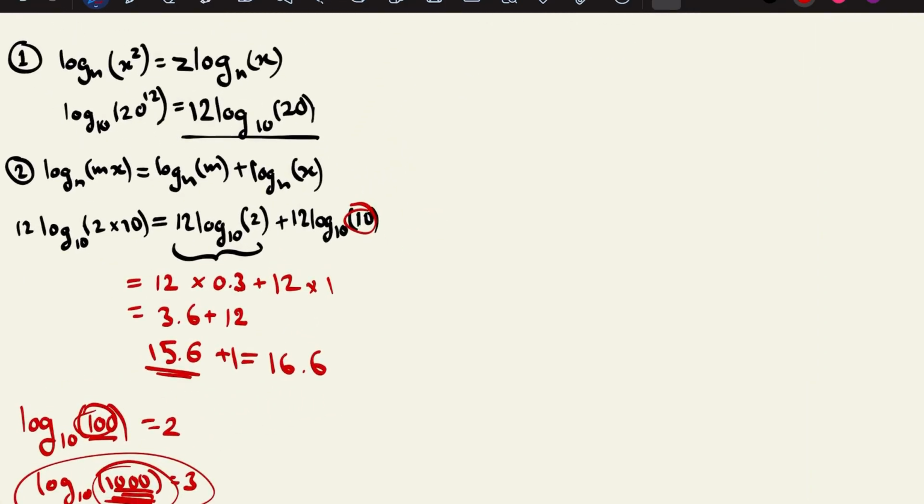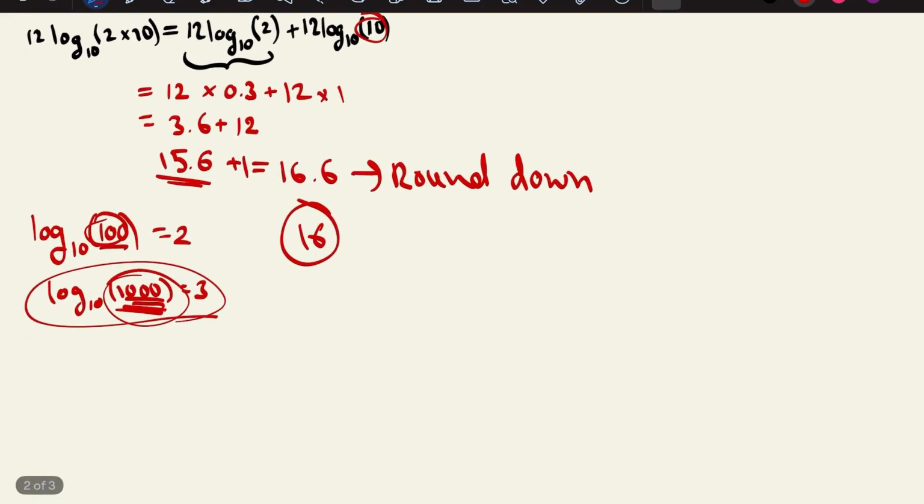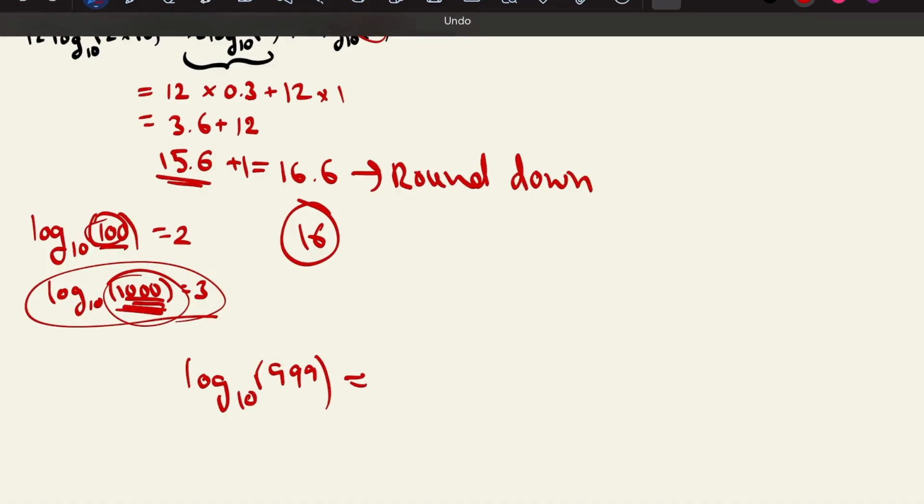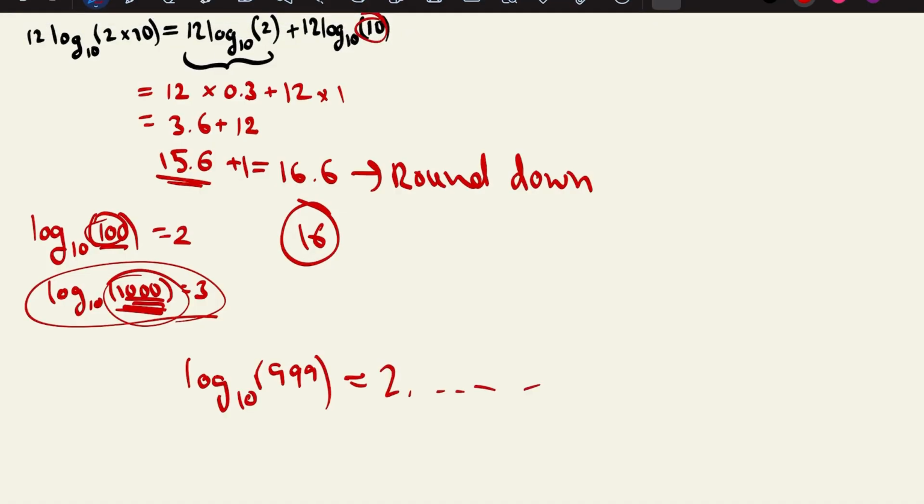Now here comes the slightly confusing part, which I've noticed: we round this number down to 16. And this is the case every single time with logarithms. So if you've got something like log base 10 of 999, that gives you 2 point blah blah blah, and then you add on a 1 and you get 3 point blah blah blah.